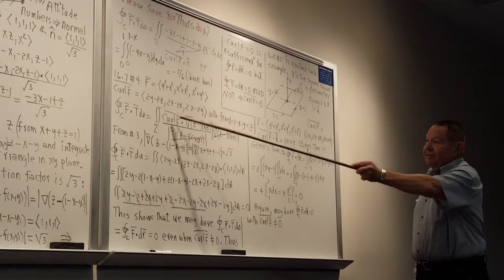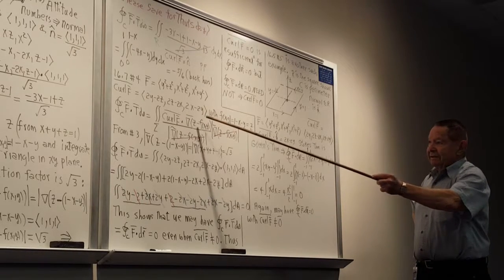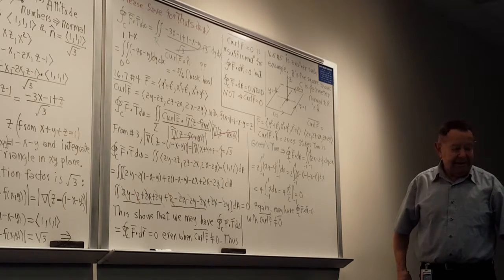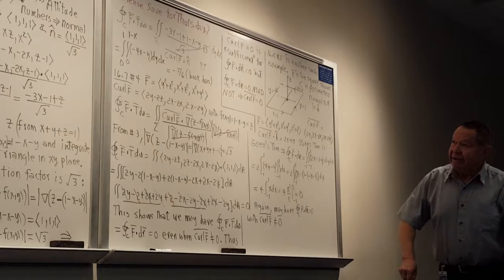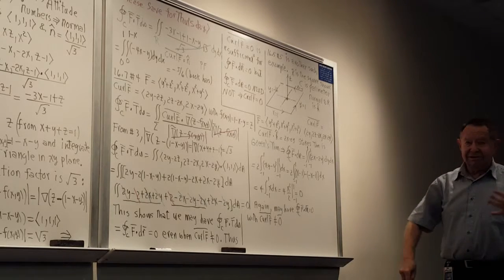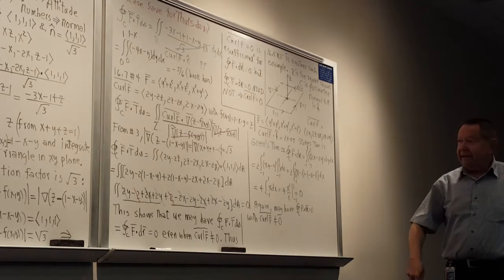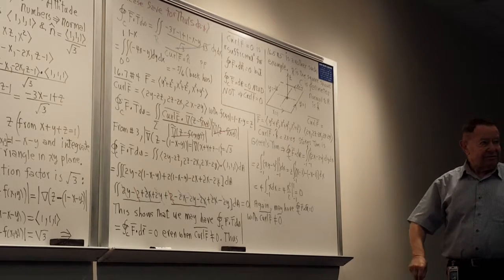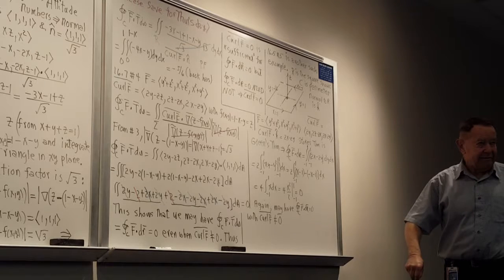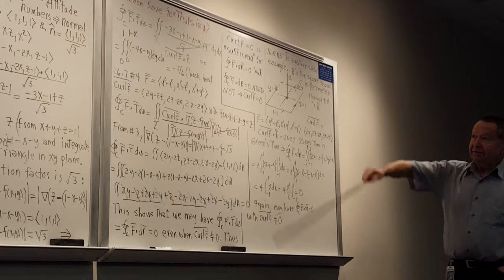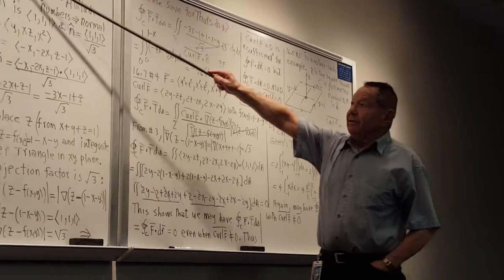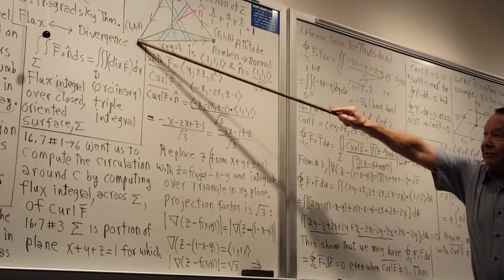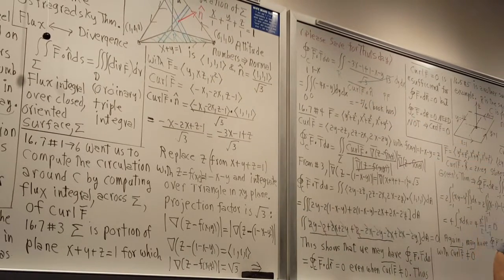So you just have curl and a normal, whichever way you get it. There's more than one way you could get a normal, but if you have a plane given as z equals f of x, y, then one way is gradient of z minus f of x, y. That gets you an upward pointing normal. And you want the upward pointing normal to be consistent with the orientation around the boundary, like that.